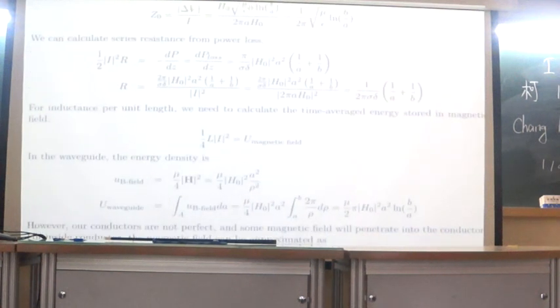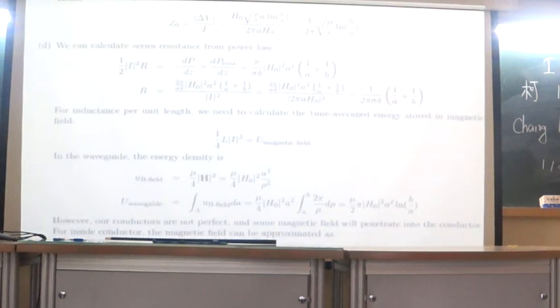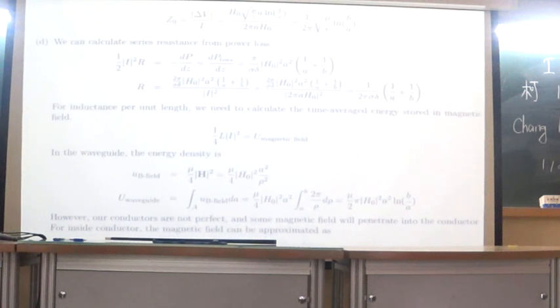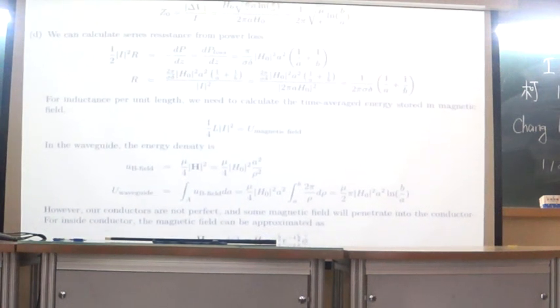And the inductance per unit length is a little bit hard, because if you want to calculate the inductance, you need to calculate it from the energy stored in the magnetic field. Since our conductor is not perfect, some magnetic field will leak into the conductors.